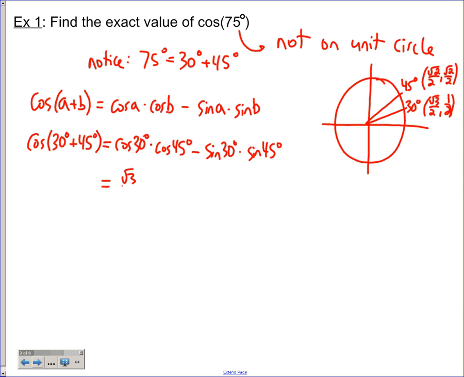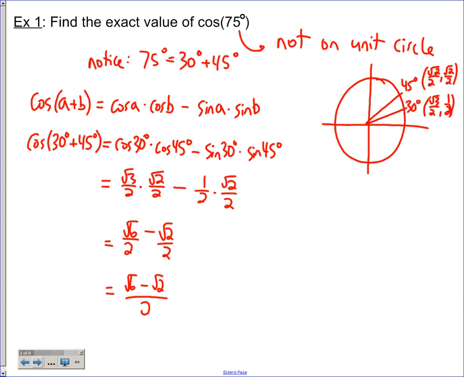This would be square root of 3 over 2 times square root of 2 over 2. And then we're subtracting off 1/2 times the square root of 2 over 2. We'll combine our radicals, root 6, and then minus root 2. Now these are both over 2, so we can write it as one big fraction, root 6 minus root 2 all over 2.